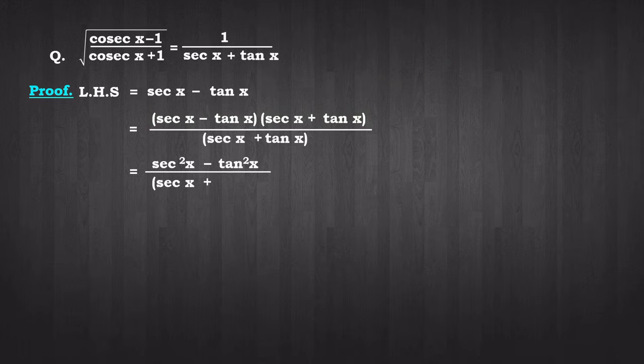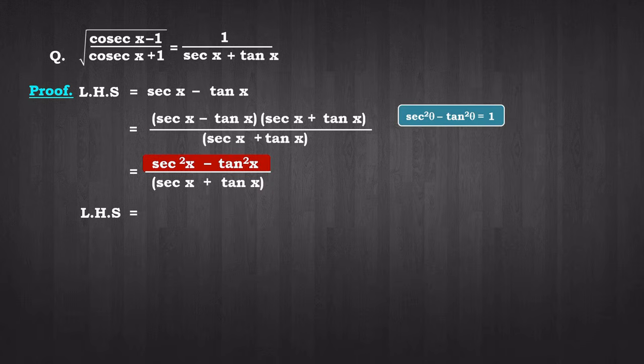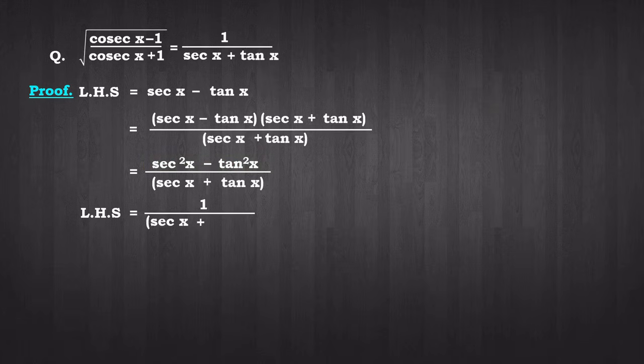Using the identity (a minus b)(a plus b) equals a squared minus b squared, the numerator becomes secant squared x minus tangent squared x. Using the identity, secant squared x minus tangent squared x is equal to 1. Therefore, the left-hand side becomes 1 upon (secant x plus tangent x).